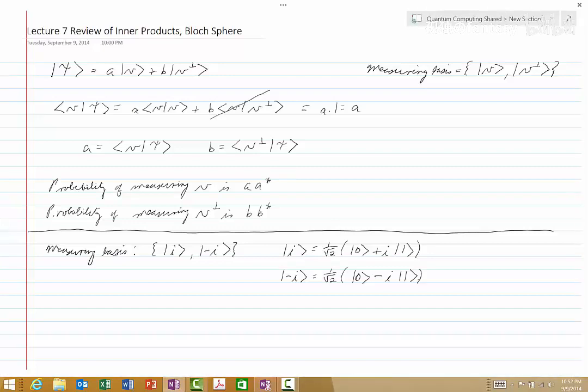Now, before I even proceed to express a vector in terms of these basis vectors, I want to challenge you. And the challenge is this: verify that these vectors are orthonormal.